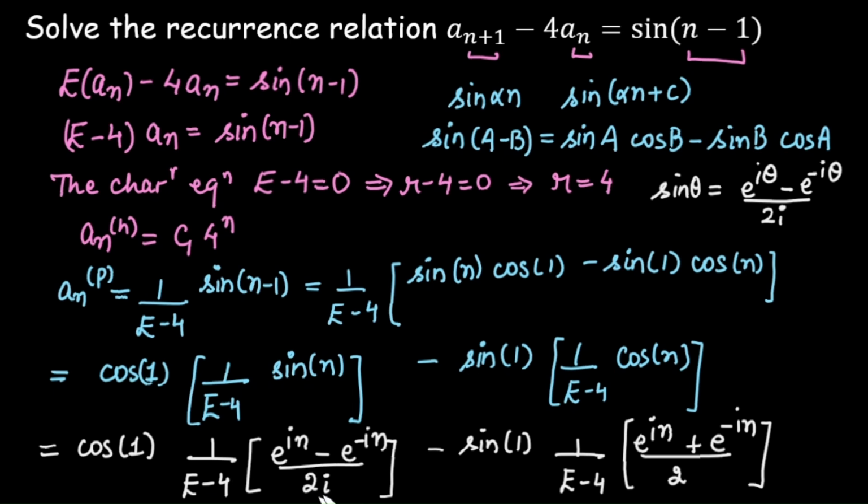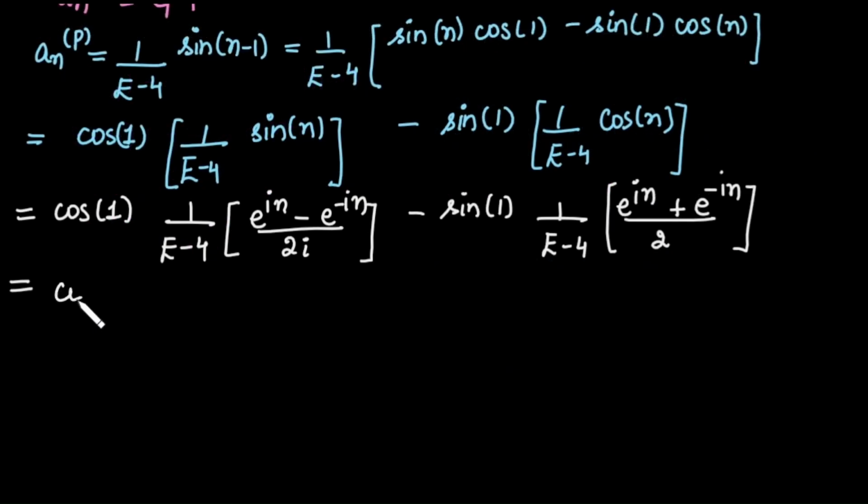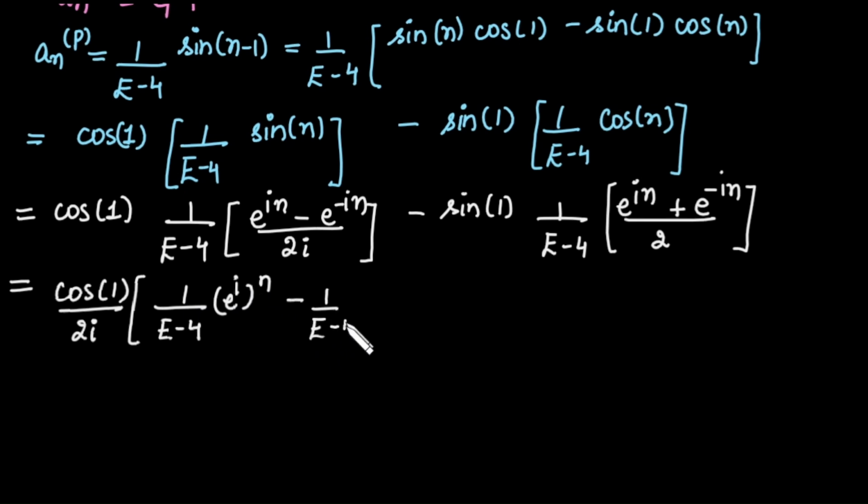Now again take this constant outside and operator get distributed over these two terms. So we can write cos of 1 by 2 iota, 1 upon E minus 4 of e raised to power iota n minus 1 upon E minus 4 e raised to power minus iota n, minus sine 1 by 2, this constant to outside.